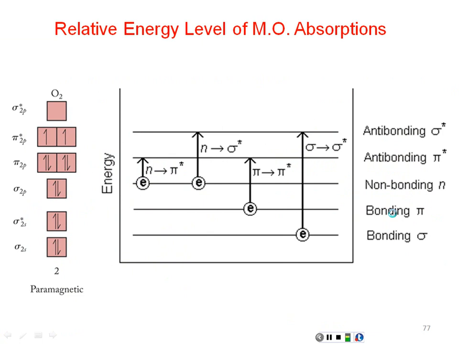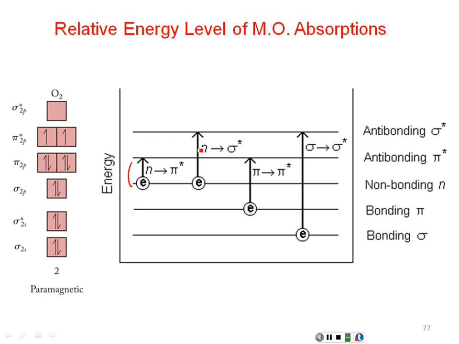Now here's an important figure, especially if you go on to study organic chemistry in more detail. Here are some relative energy levels of molecular orbital absorptions. The lowest energy absorption you can get is n, a non-bonding pair of electrons, to the pi star molecular orbital.